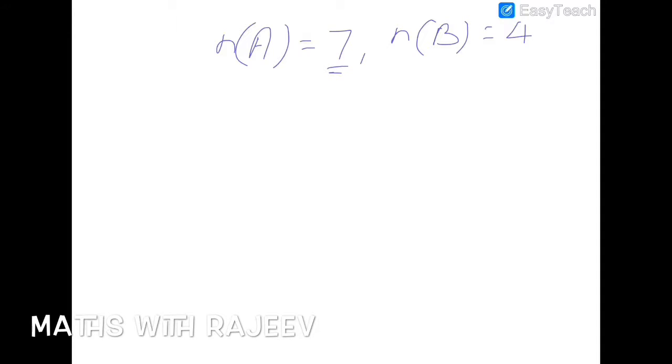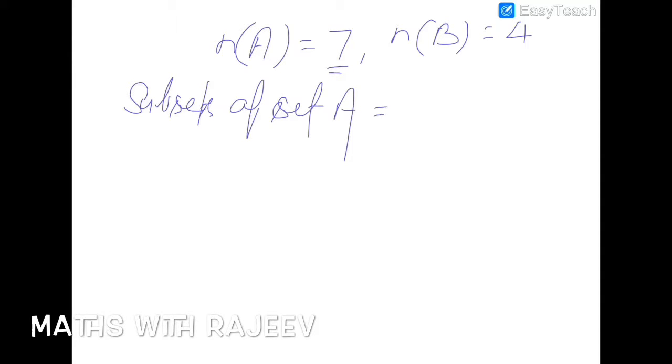See, the number of subsets of set A is equal to 2 power 7. So it is coming 128. You can check, you'll get 128 only.